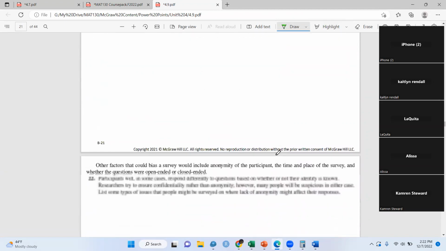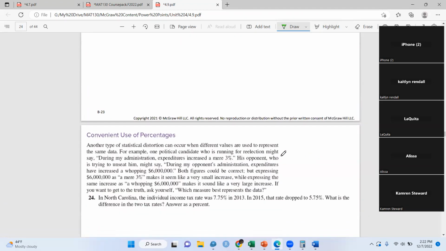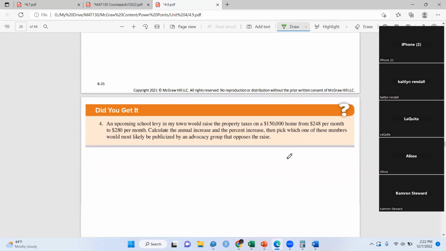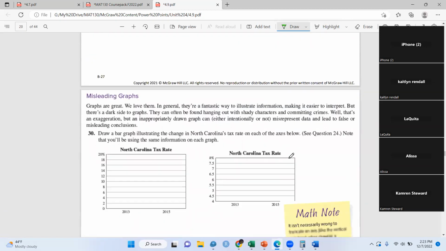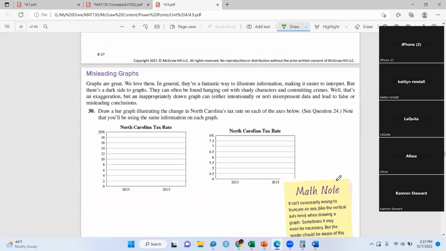All right, so I'm going to skip down a bit to the misleading graphs. One of the things about graphs is it's a visual representation of numerical values. So here we've got two graphs, and they have different scales.